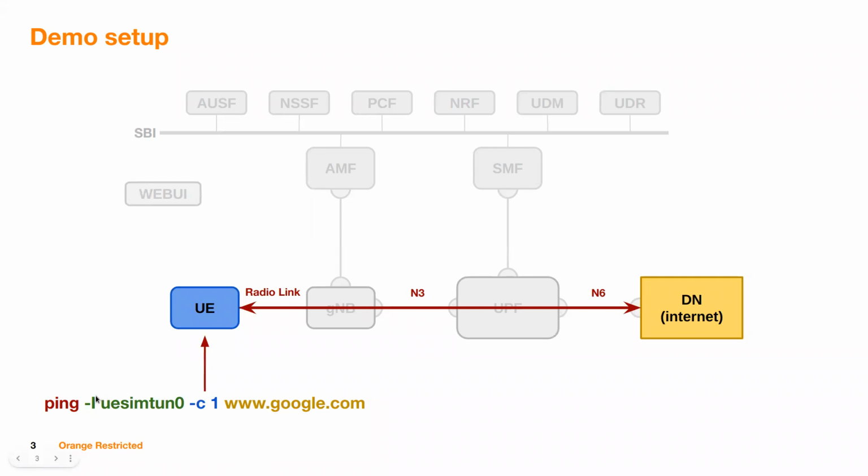The uesimtun represents the interface of the PDU session, and we have a PDU session anchor. This is what we achieved. We are able to configure with minimal effort the demo you provided on the One Summit workshop and make it work.